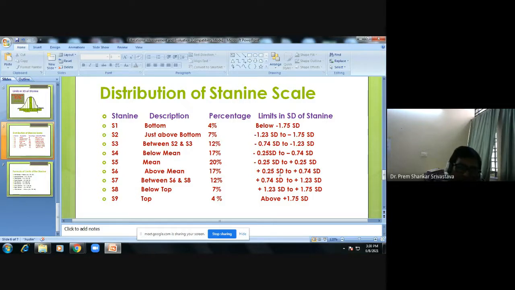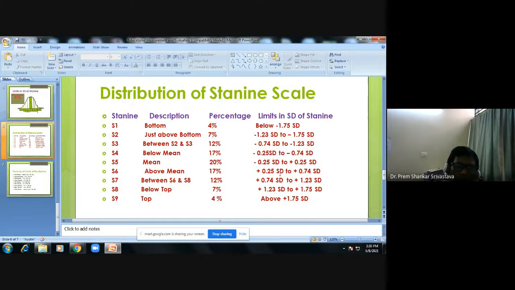The second Stanine is just above, with 7% in the normal probability curve. It starts from minus 1.23 standard deviation to minus 1.75 standard deviation.